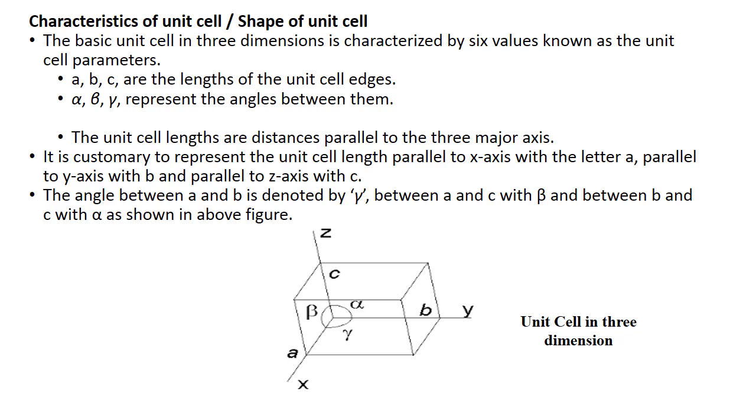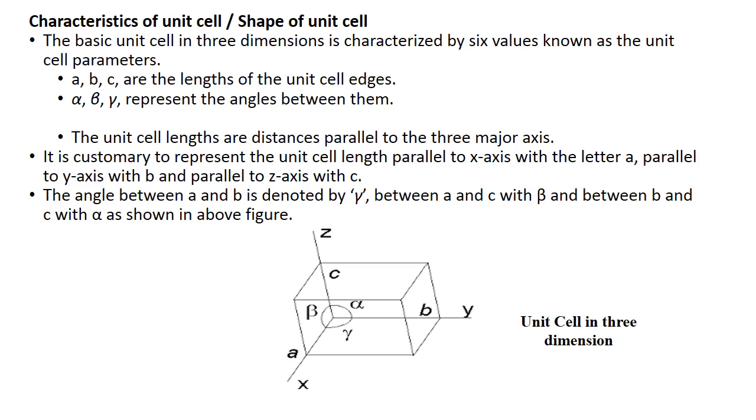So the basic unit cell in 3 dimensions is characterized by 6 values known as the unit cell parameters, which are 3 lengths and 3 angles. A, B, C are the lengths of the unit cell edges, and alpha, beta, and gamma represent the angles between them.